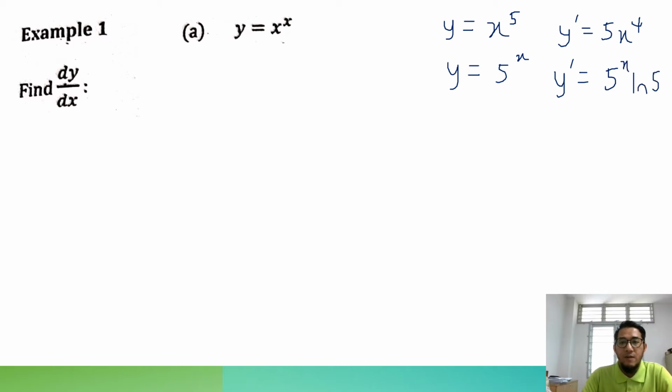How about if you have y equals x power of 5x? What can you see here? Comparing these three, in the first one we have the variable at the base, in the second one we have the variable as the power, but for the third one we have the variable at both the base and the power.